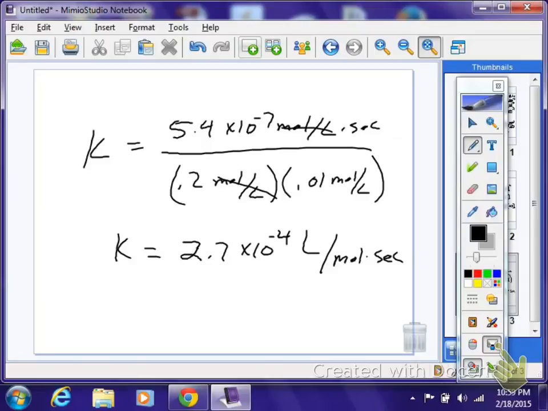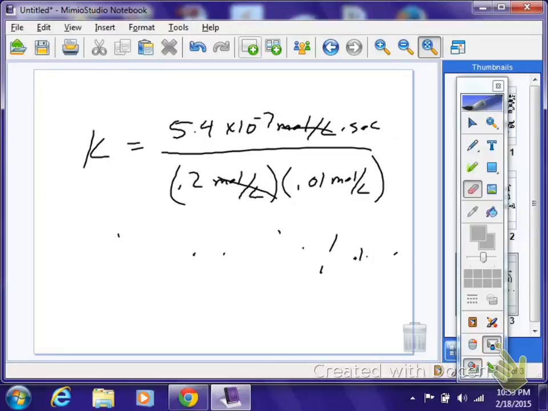Okay? Now the constants for all three experiments will be the same. If we plug in the rates from different experiments, we'd come up with the same K value each time. So if we do this again real quick with experiment 1, we'd come up with the same answer, and the same units, of course.